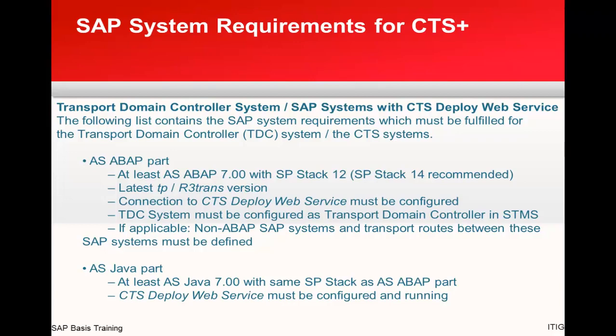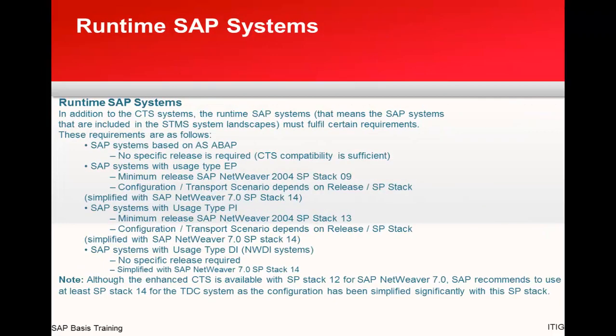Okay, on the Java side, you need at least AS Java 7.00 with the same SP stack as the AS ABAP part, that is 7.0 service pack 12, or 14 is recommended. Then the CTS deploy web service must be configured and running. Okay, runtime SAP systems. In addition to the CTS system, the runtime SAP systems, that means the SAP systems included in the STMS system landscape, must fulfill certain requirements.